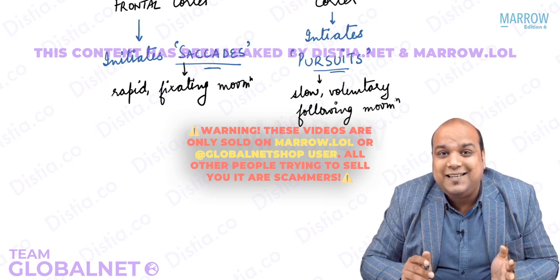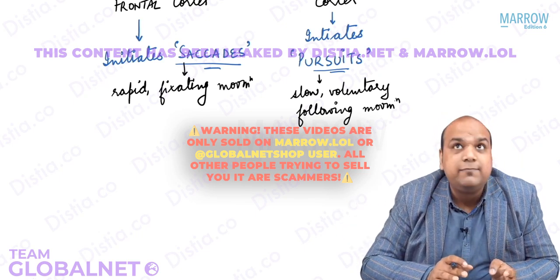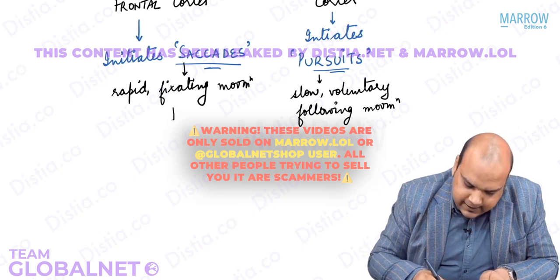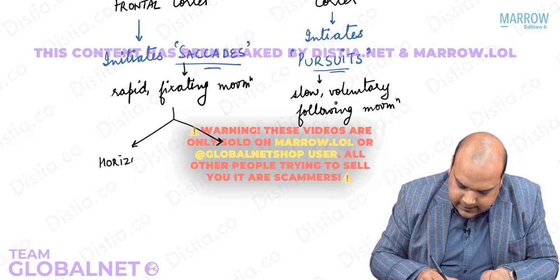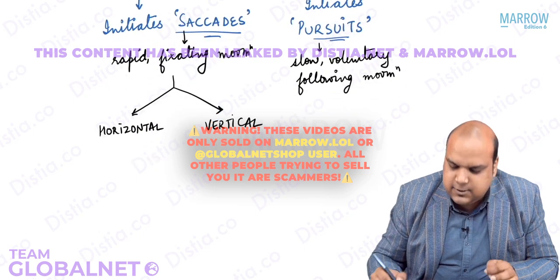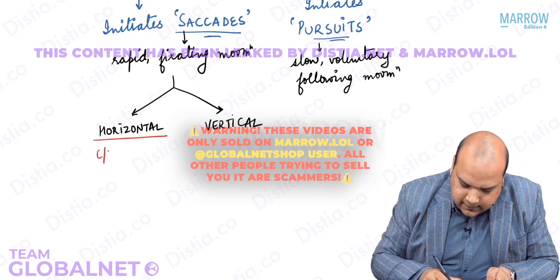When we are talking about gaze, everybody, we are not talking about pursuits. I hope you understand. Gaze means to look towards the right side, left side, upside or downside. We are talking about saccades. Okay. So these saccades, I am dividing into two: horizontal saccades and vertical saccades, or what I can call horizontal gaze or vertical gaze. Horizontal saccades are controlled contralaterally.